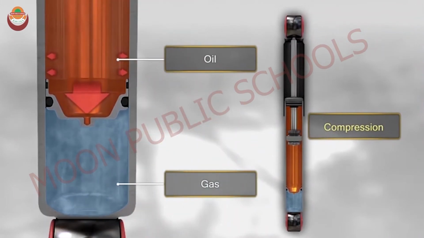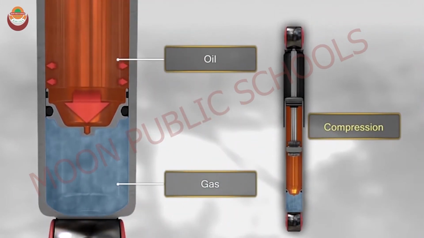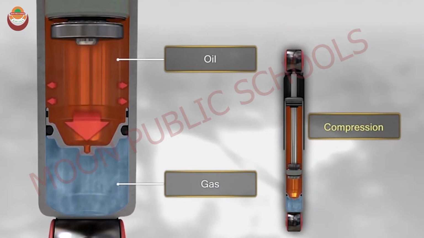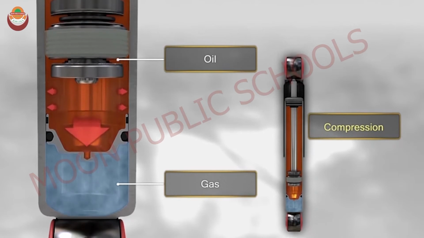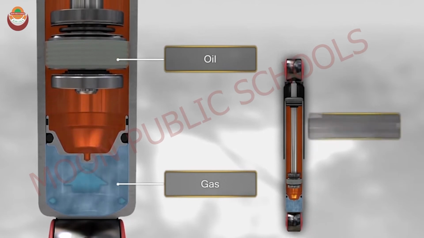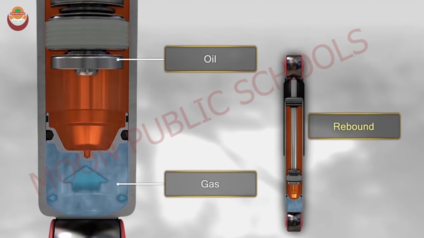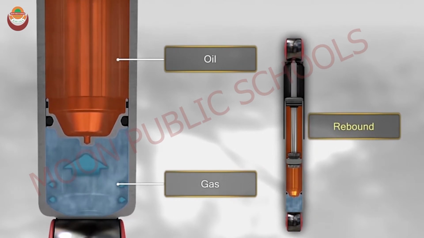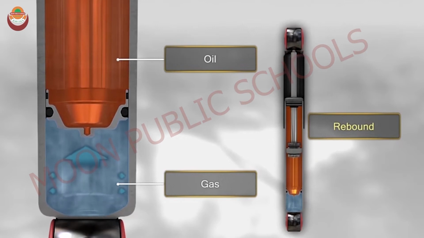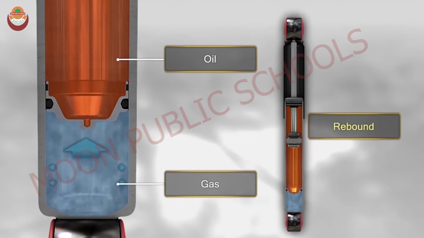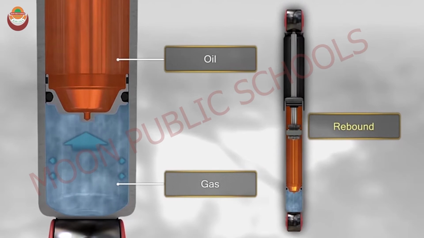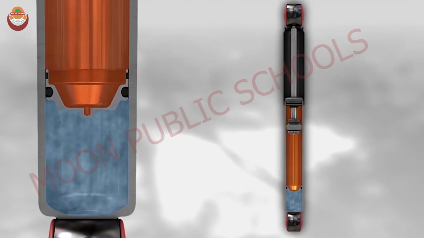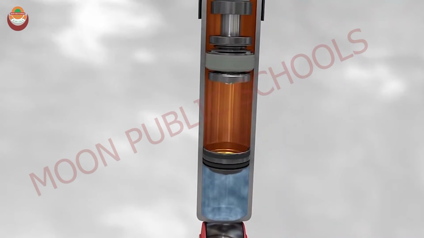When we compress the shock absorber, the piston rod enters the working chamber, the oil is compressed, it presses the gas and reduces the volume of the working chamber. In contrast, when the shock absorber is extended, the piston rod leaves the working chamber and reduces the gas pressure, which causes a rebound that moves the piston again.